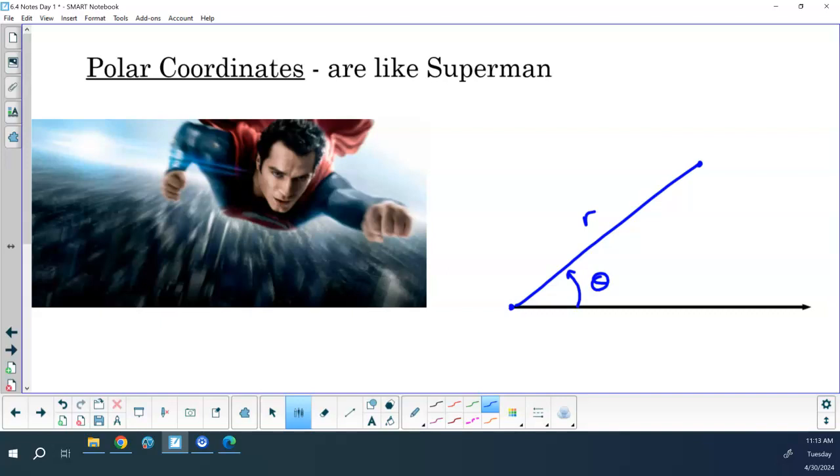And we'll call this down here the polar, not the polar express. We'll call it the polar axis.